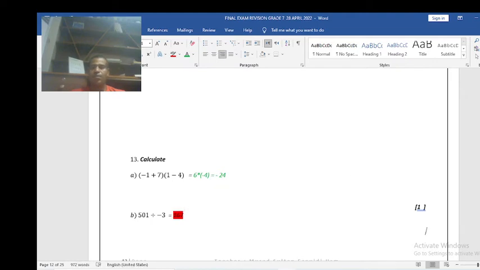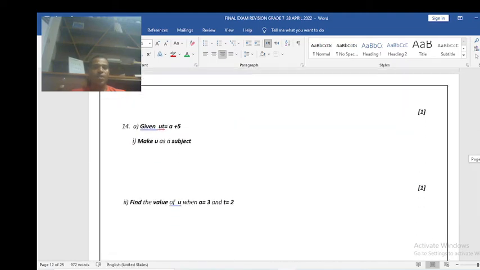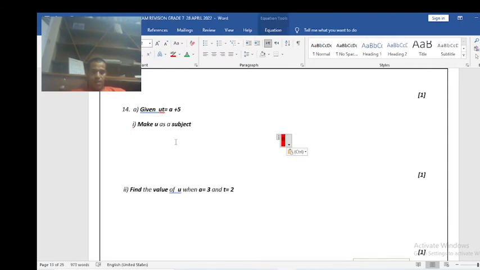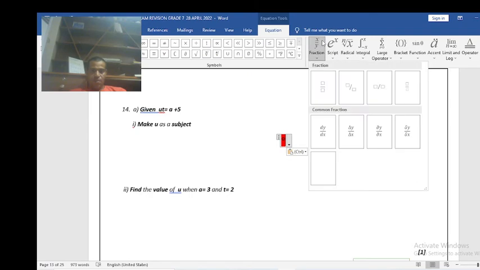The next one. Okay, given the formula ut equals a plus 5, make u the subject. So I will just write this one. I will use an equation symbol, of course.